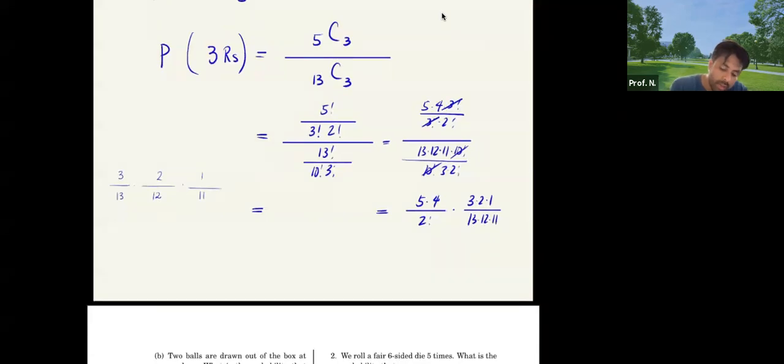Now these 2's cancel out. So really what I have is 5 times 4 times 3 all over 13 times 12 times 11. And these numbers here cancel out here. So I'm left with 5 over 143. So this is the probability. Sorry, 1, 5.